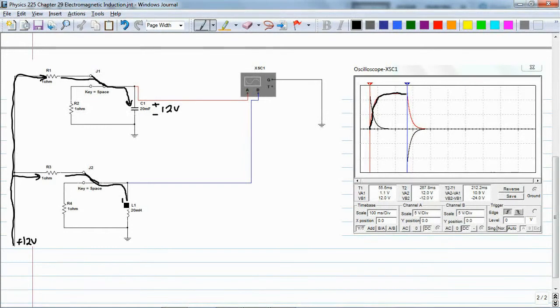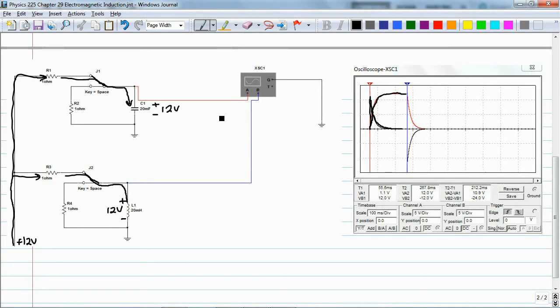So it's going to create an induced potential across it for an instantaneous time, and then eventually it's going to jump up, and then it's slowly going to reduce down. So this induced potential is what we're talking about for Lenz's law. It is opposing this change in current, this change in flux.